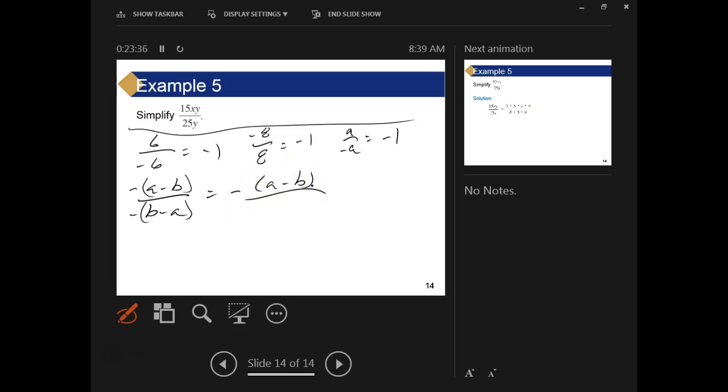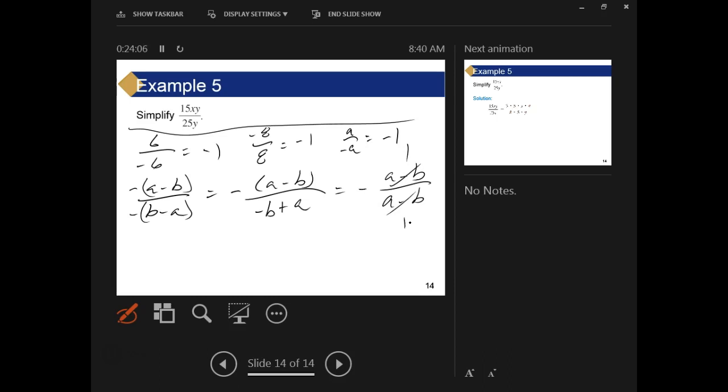Down here, though, let's really multiply through and make it minus b plus a. Well, that's going to be minus a minus b over, and when you rearrange the order here, a minus b. So sure enough, that's also negative 1, because this is the opposite of that.